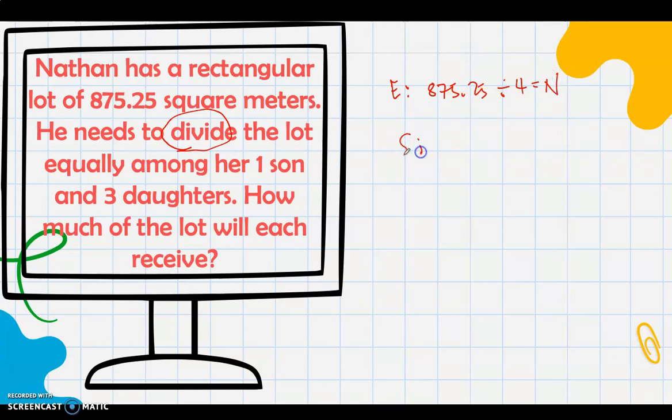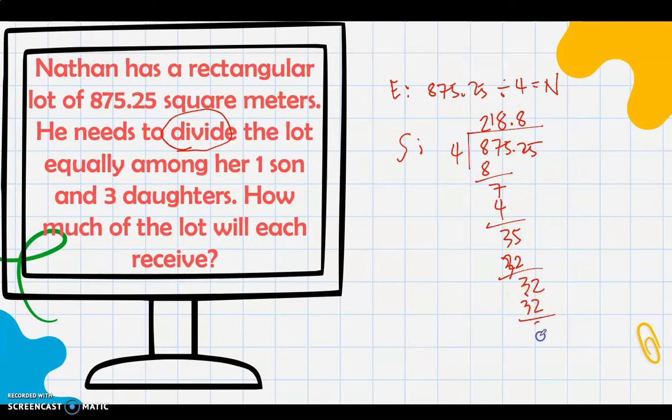To solve, 875.25 divided by 4, that is 2, 8, 7, 1 is 4, 35, it's 8, 32, that is 3, then bring down 2, we have 8, 32, 0, then bring down 5, we have 1, this is 4, 1, bring down 0, because we're going to add 0 until there will be no remainder, we have 2, and then 8, we have 2, bring down 0, add 0 and then bring down 0, we have 5.